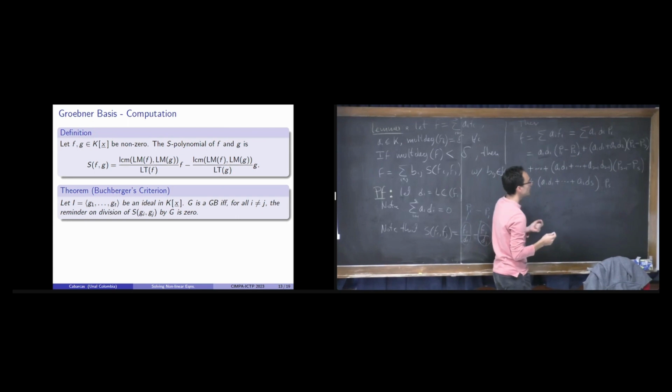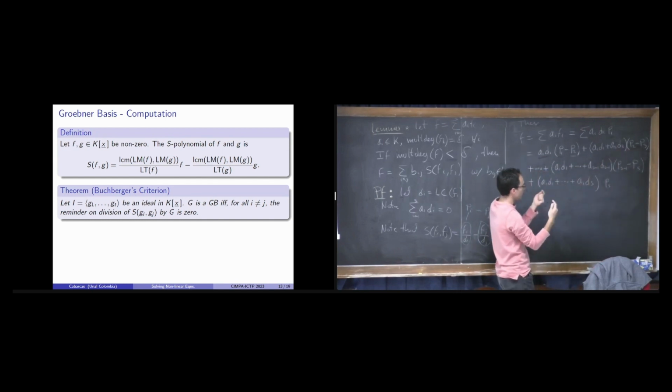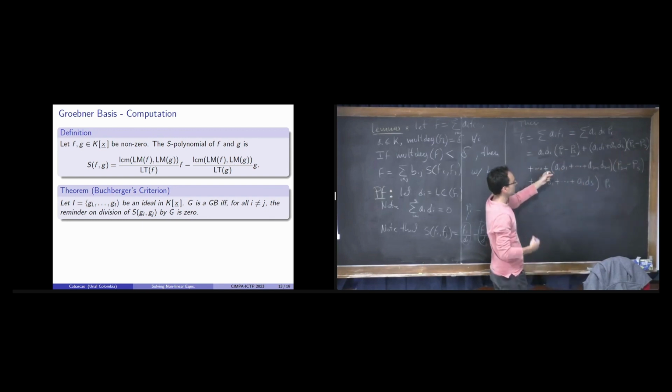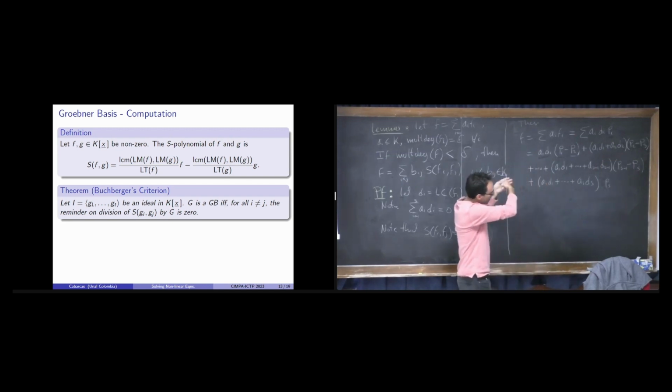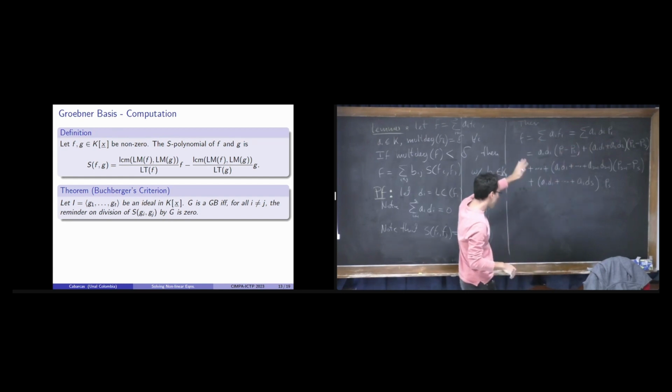But then that one cancels with a_1 d_1 p_2 here. Next, we get a_2 d_2 p_2 here, which is in the sum. And then the ones that go with p_3 get canceled with the next one. So the things get canceled, we're only left with this here. If you go through it carefully, you can see that it does work.